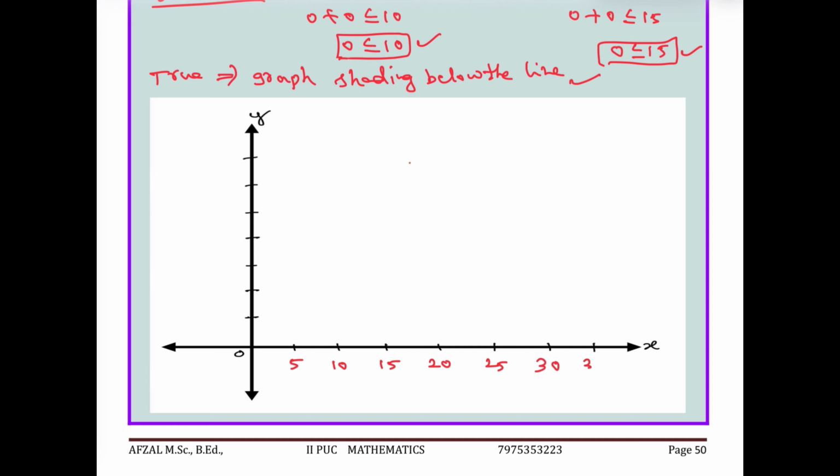At x is equal to the first interval, if you take -3, f of -3 equals: where x is there, you substitute -3 in place of x. (-3 - 1) whole square plus 3, which is (-4) square plus 3. (-4) square is 16 plus 3, 16 plus 3 is 19. 19 is greater than 0.